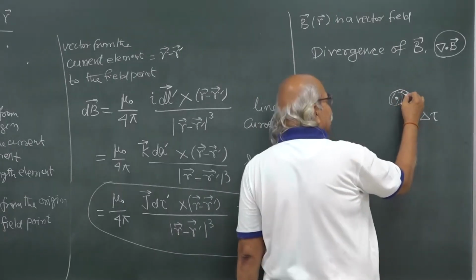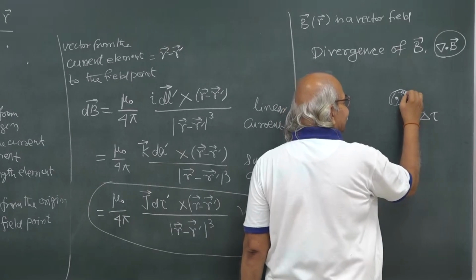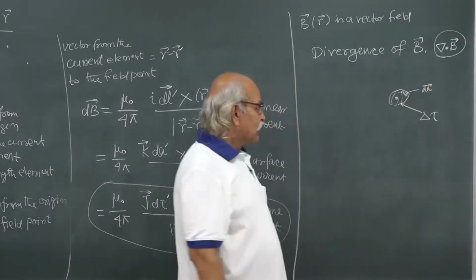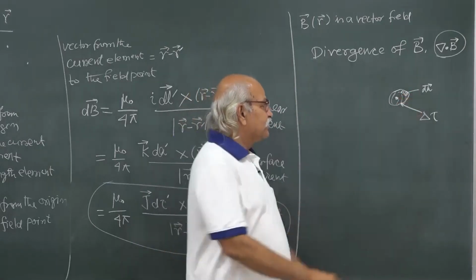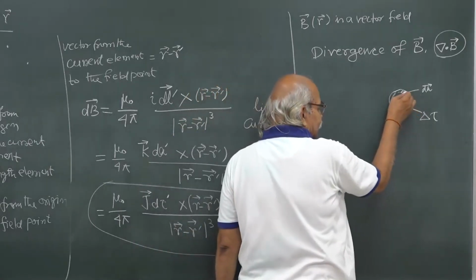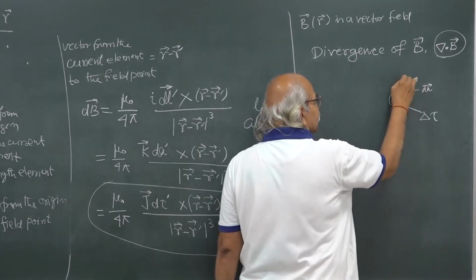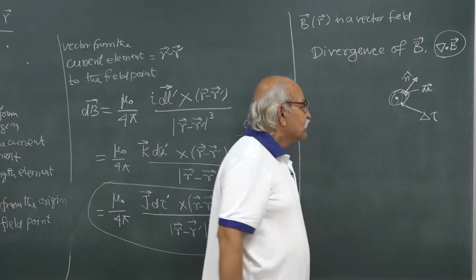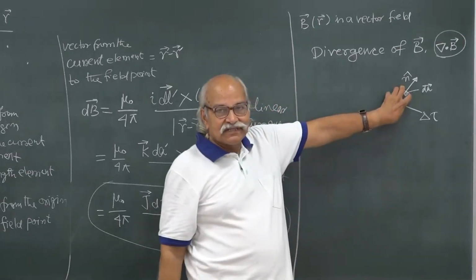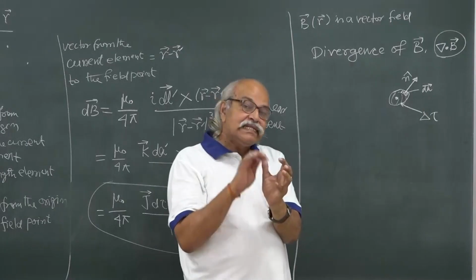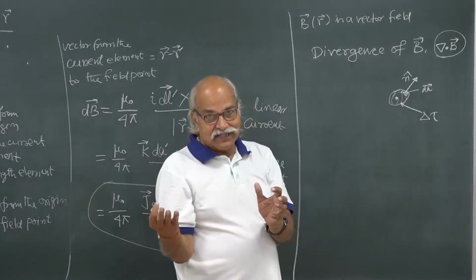you again take some dA surface, dA, and make this area vector. What is this area vector? You draw a perpendicular, the normal, in the outward direction. Since it is a closed surface, we know what is inside and what is outside.